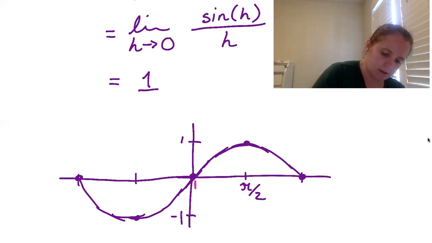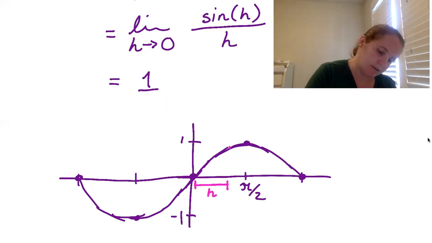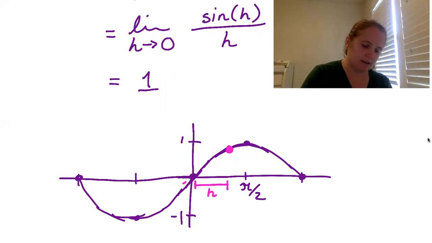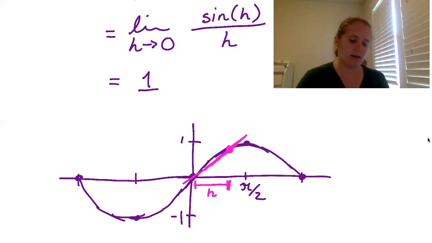So from 0, let's go h to the side. And we look at a bunch of secant lines connecting the point at the origin to the point h, sine of h. And then we let those points get closer and closer together.